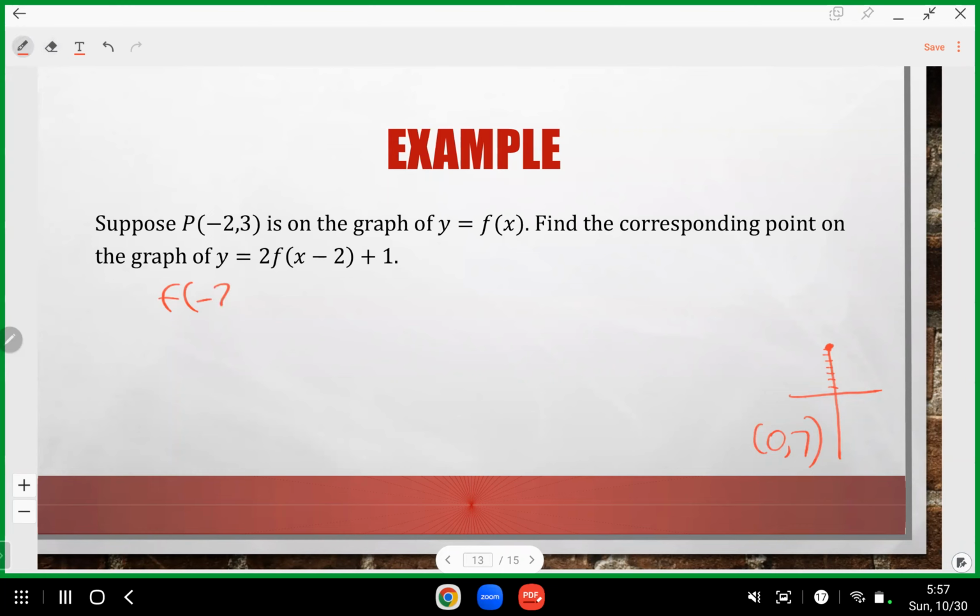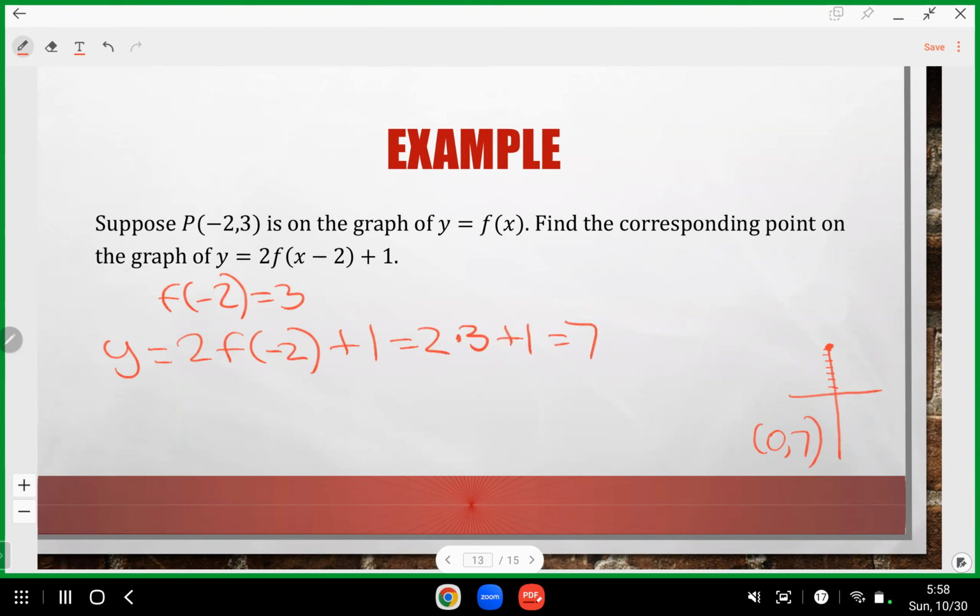So the new y value is going to be equal to 2f(-2) plus 1, which is equal to 2 times 3 plus 1, which is equal to 7.